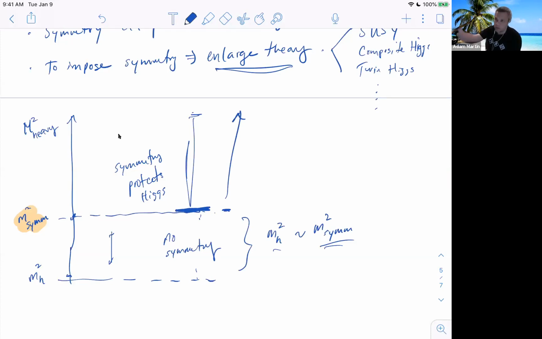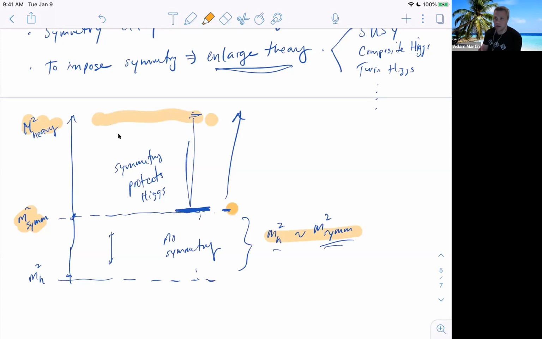This is why we like putting in composite Higgs. It's not because, hey, let's just put in particles. It's because we are biased to believe that there are heavy scales. And in order to not have corrections to the Higgs be up at the GUT scale, Planck scale, and to lower it so that it is massive TeV scale particles, we impose one of these symmetries.